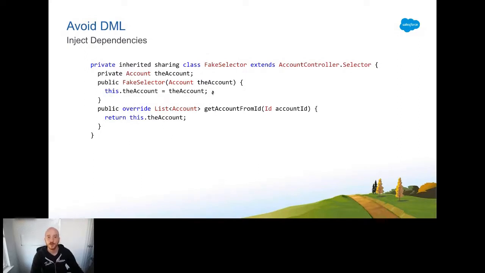Here, what we're doing is at the construction of the fake selector, we inject an account that will be the response for when get account from ID is called. This is dependency injection. The account controller class depends upon the existence of an account object, and it must fetch it from the database.